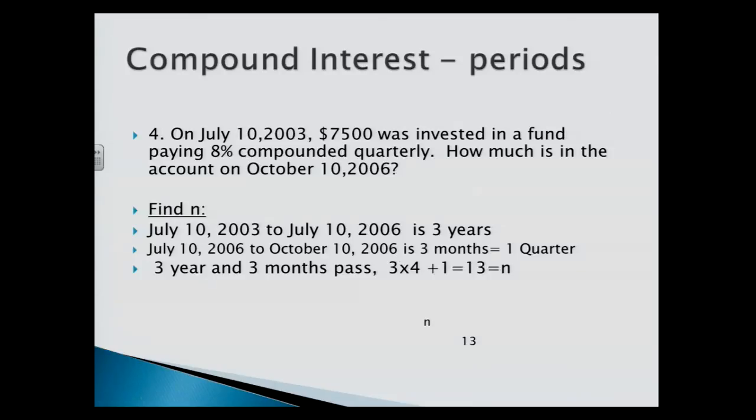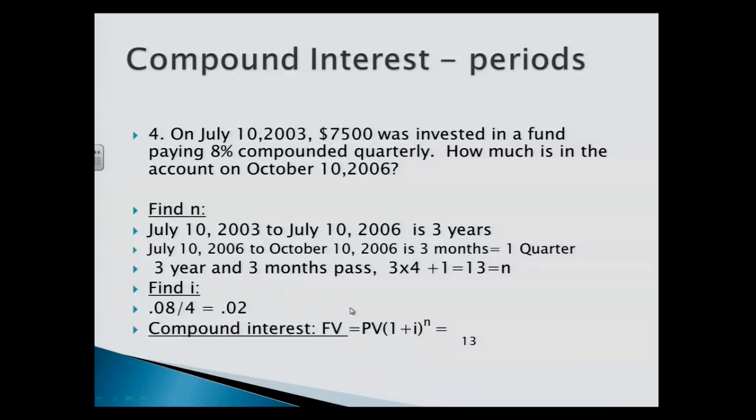Remember, a quarter is only made up of 3 months. 3 months equals 1 quarter. I added on for a total number of periods of 13. In this problem, I'm going to give you a second to find I. Change it to a decimal, divided by 4, .02, comes out to a nice even number.